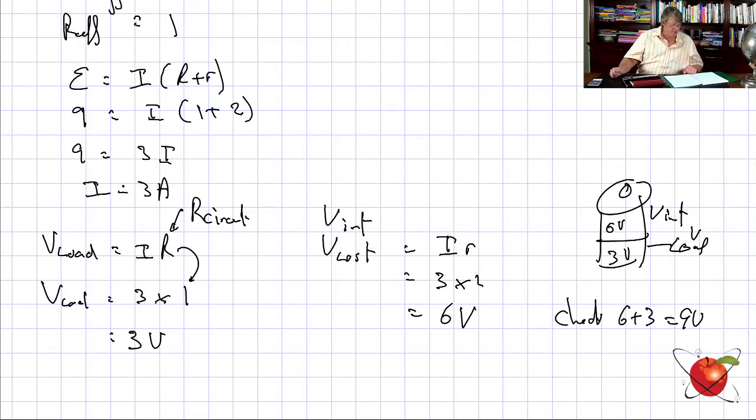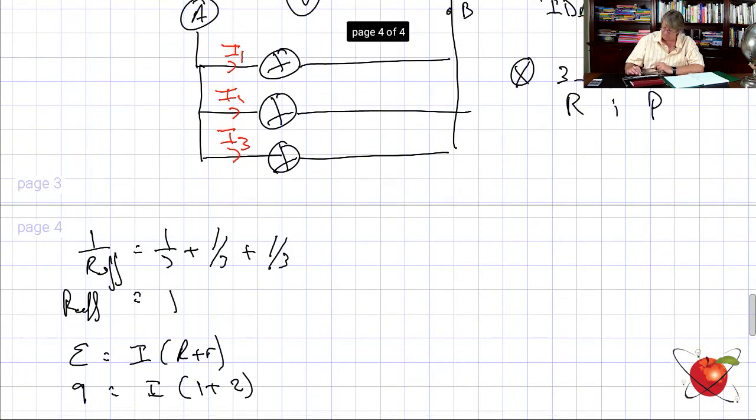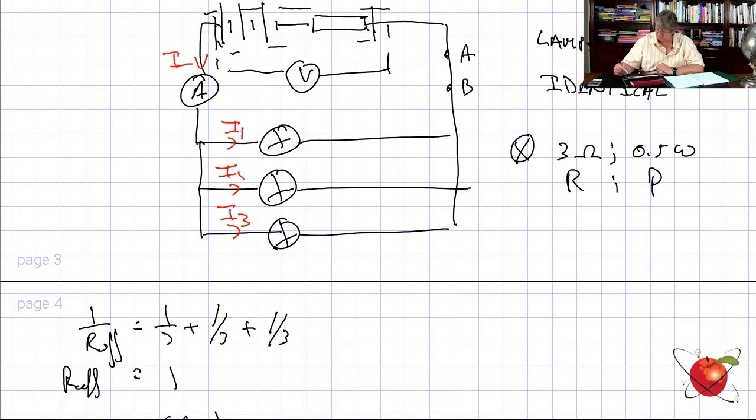Now, let's have a look. Calculate the maximum permissible current in each bulb. What are they talking about? They want to know the maximum permissible current in each bulb. What does it mean? It means that the current flowing through that bulb, neither the voltage, the current, those two are variables, right? Because R is fixed. So V and I are going to vary.